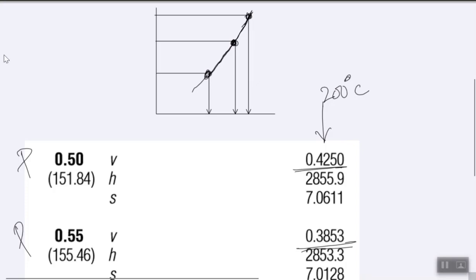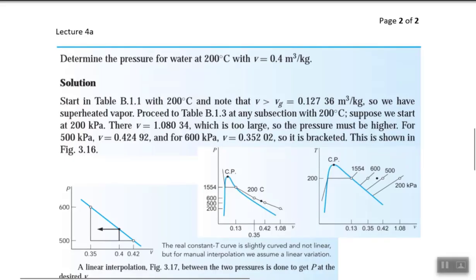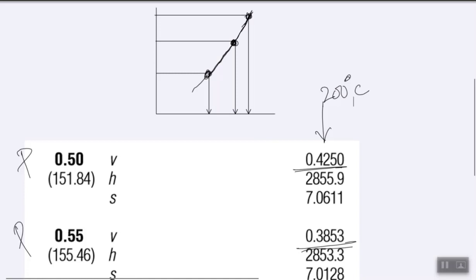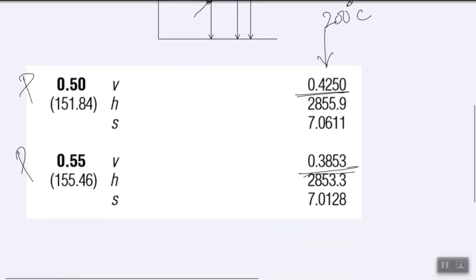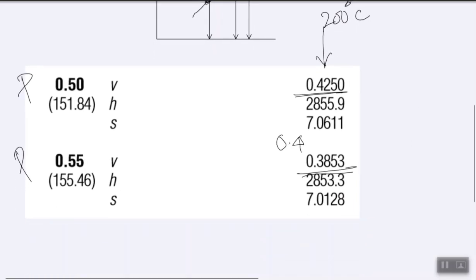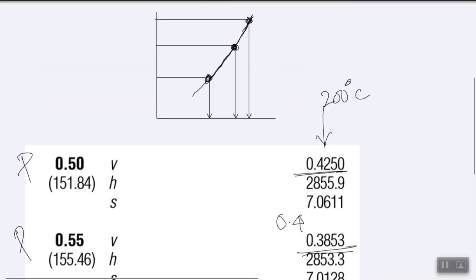And we have been asked to find the pressure at a volume of 0.4 cubic meter per kg. So we have to find the pressure which corresponds to a volume of 0.4 cubic meter per kg.